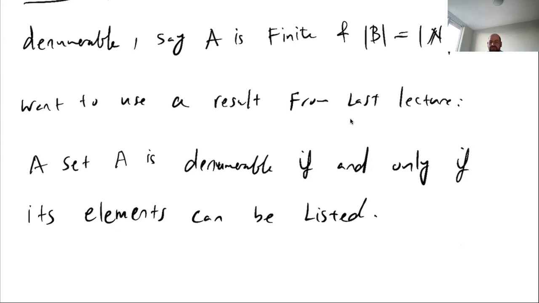If the elements of a set can be listed, say as, for example, A1, A2, and so on, then that set is denumerable. And also conversely, if it's denumerable, then you can list the elements.